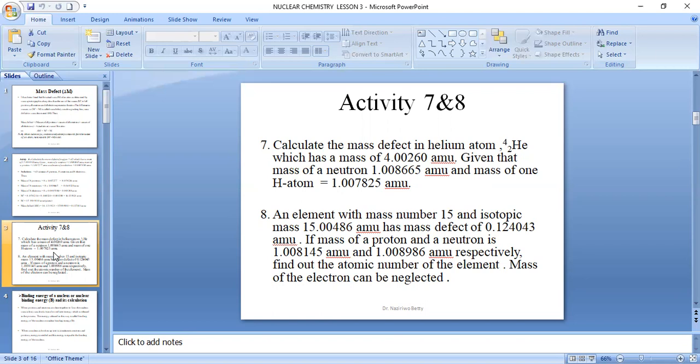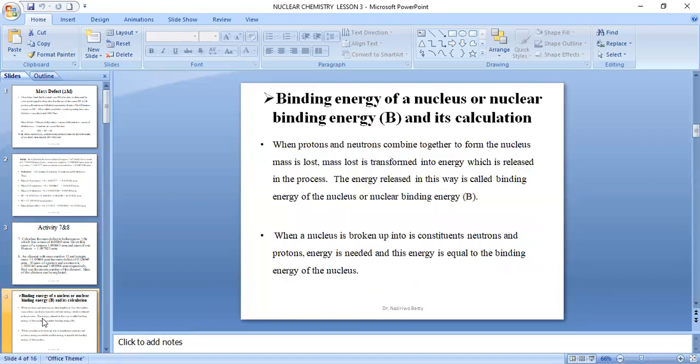Given the following information, an element with mass number 15 and isotopic mass 15.004886 has a mass defect of 0.124043. If the masses of a proton and a neutron are 1.008145 and 1.008986 respectively, find out the atomic number of the element. The mass of the electron can be neglected.